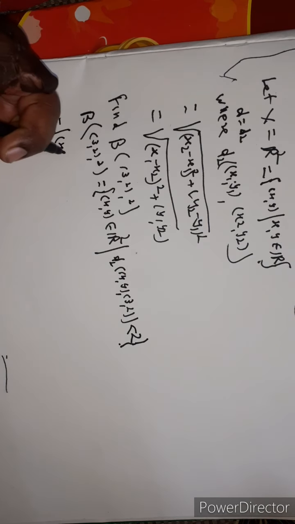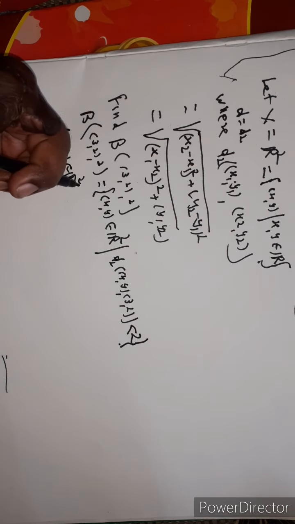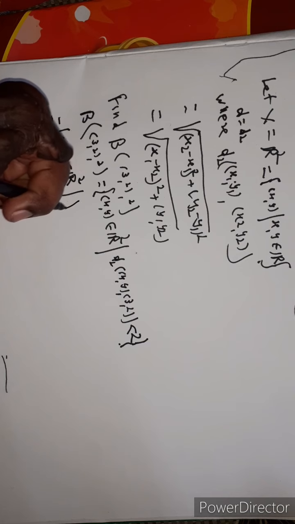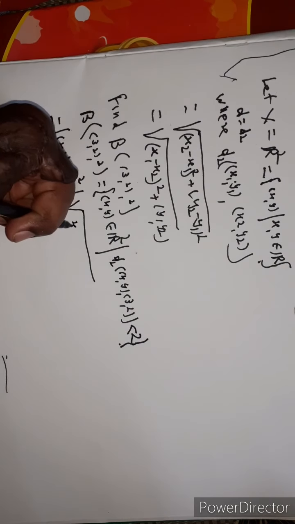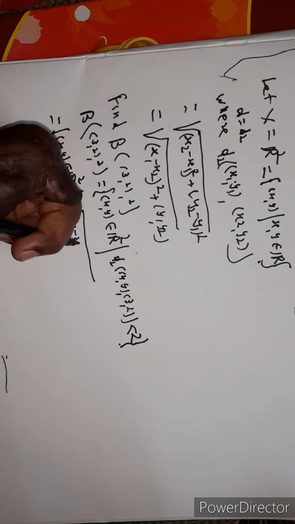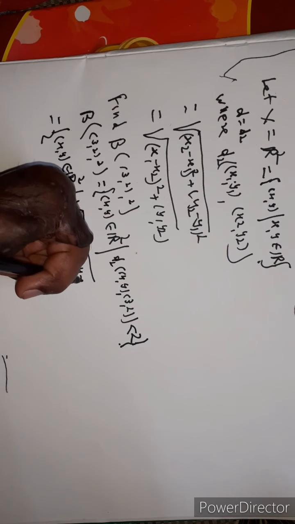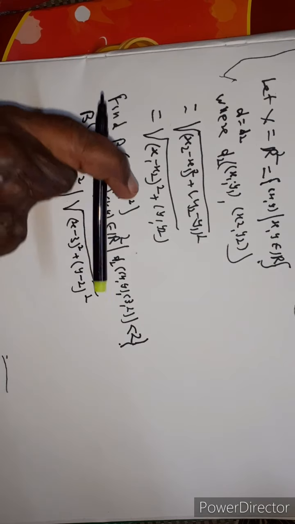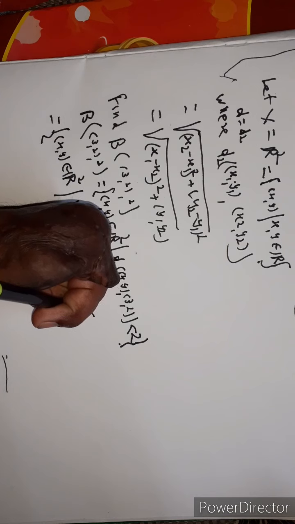That is equal to the set of (x, y) belonging to R2 such that, what is the D2 distance between (x, y) and (3, 2)? It is equal to the square root of (x minus 3) the whole square plus (y minus 2) the whole square. This is the D2 distance between the point (x, y) and (3, 2), and this is less than 2.